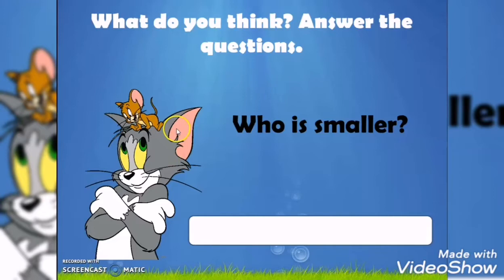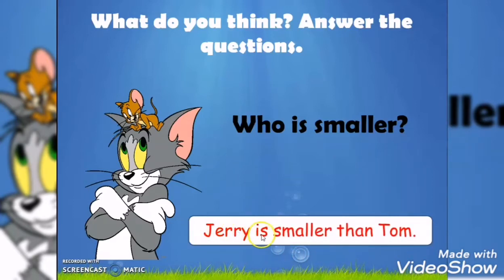Jerry is, where is the adjective word? Small. Smaller. Okay, what should I add after the word smaller? Smaller Tom, or smaller than Tom? No, I should say smaller than. So Jerry is smaller than Tom.